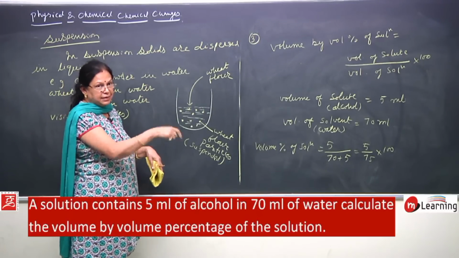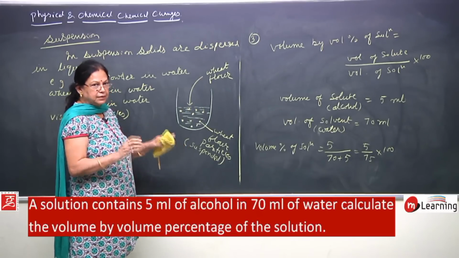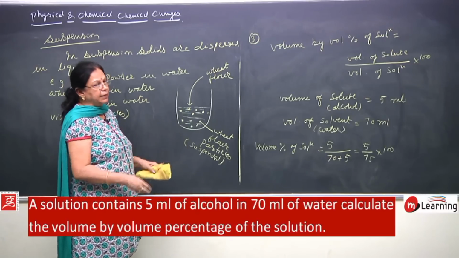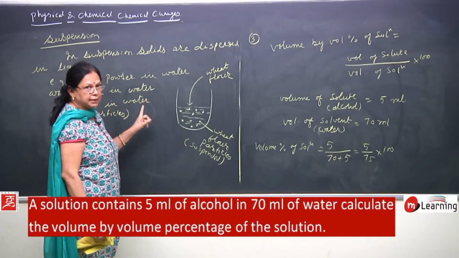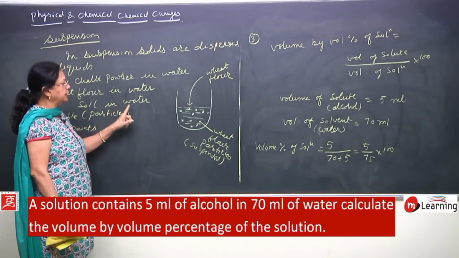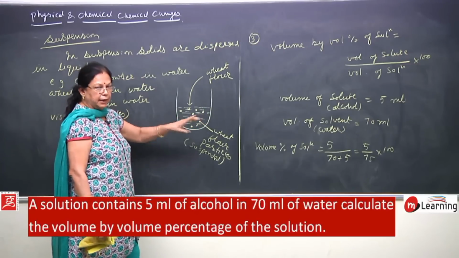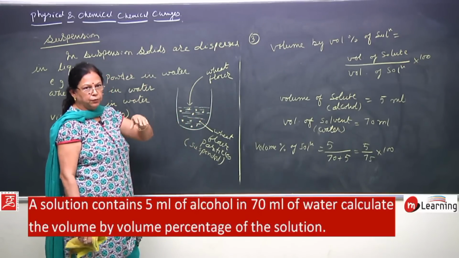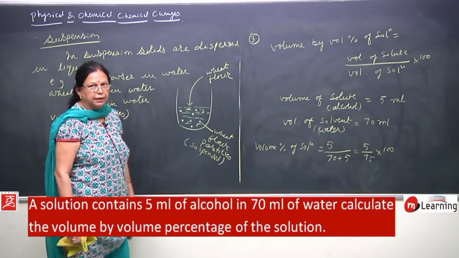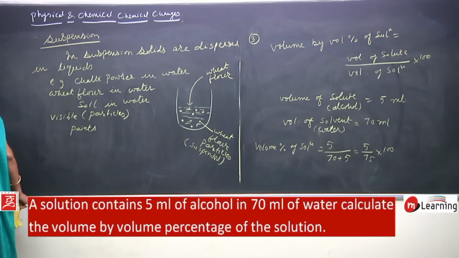He first stirs it and makes the solution uniform, and then he starts painting. Why? Because it is a suspension, and in that suspension there are suspended particles, and if he does not stir, then what will happen? The paint will not be even, but it will be uneven paint, right.